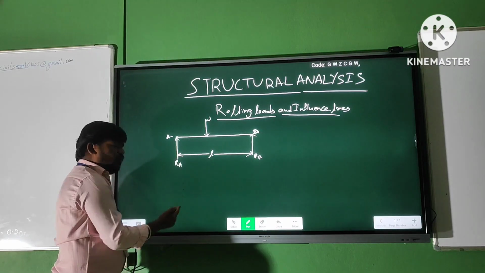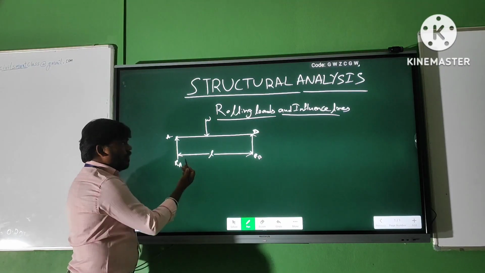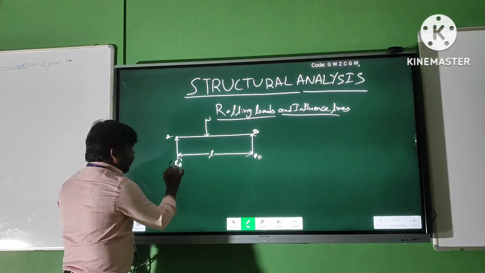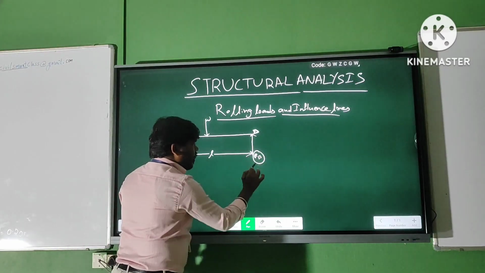Before finding the maximum bending moment for this case, we need to draw the influence lines for RA and also RB.